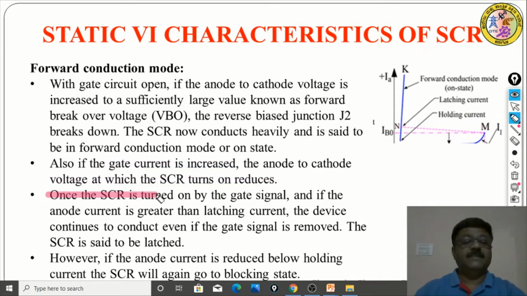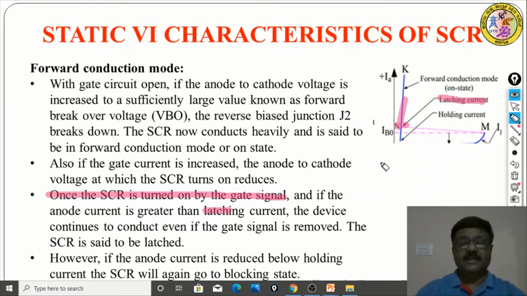Once the SCR is turned on by a gate signal and the anode current is greater than the latching current, this particular value of current is called the latching current. If the anode current is greater than this current, the SCR will continue to conduct even if we remove the gate signal.